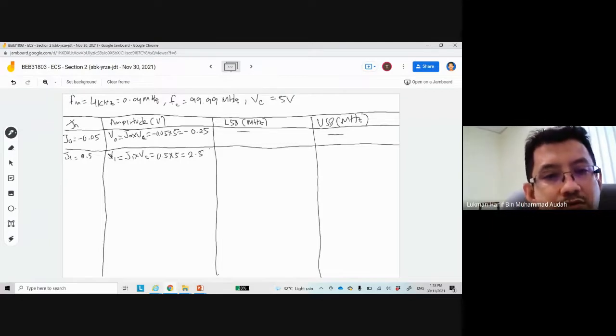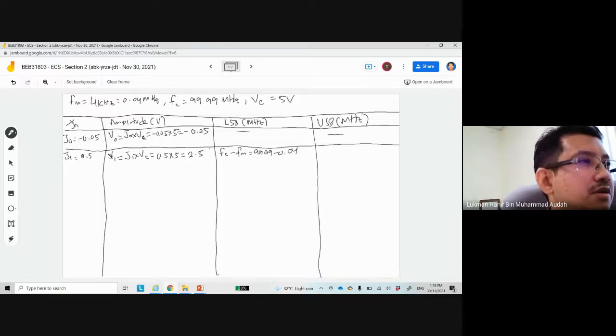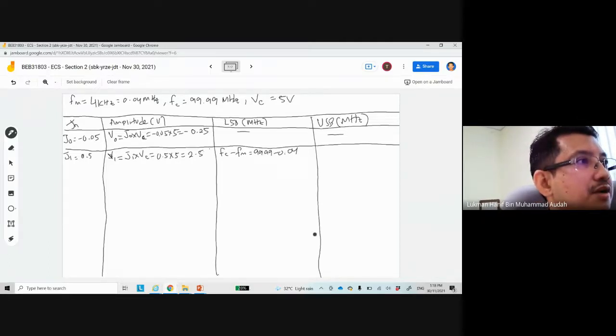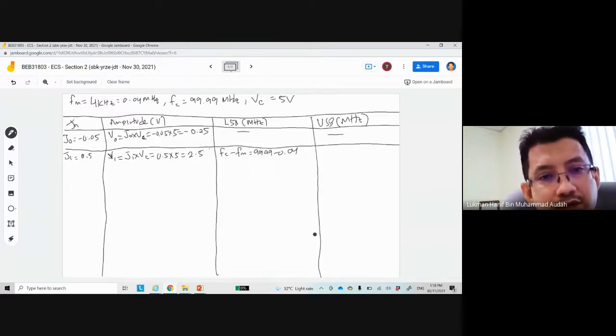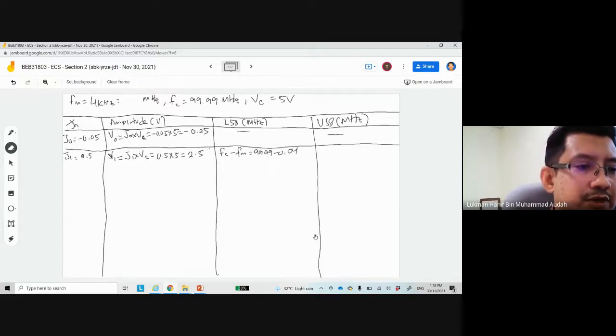So here is FC minus FM. This is 99.99 minus 0.04. Oh sorry, this is actually smaller, it's 0.004, very small.